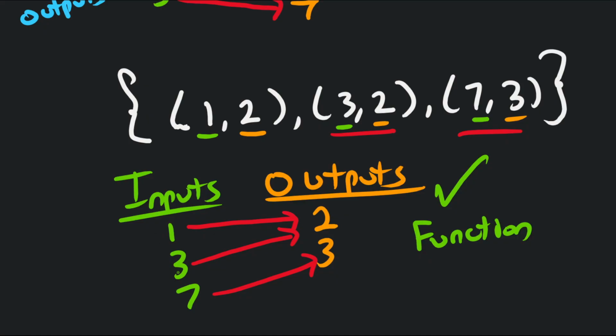And 3, the only output it has is 2. And 7, the only output it has is 3. None of these inputs have more than one output. So this is still a function. Even though some of these outputs have more than one input, that's perfectly fine, as long as the inputs don't have more than one output. And that's what makes it a function.